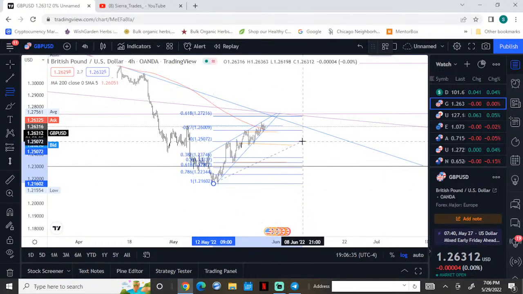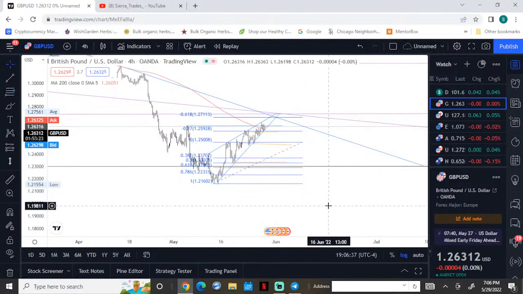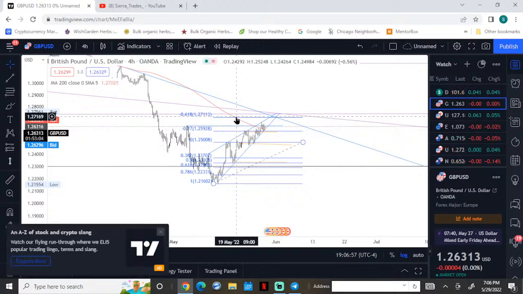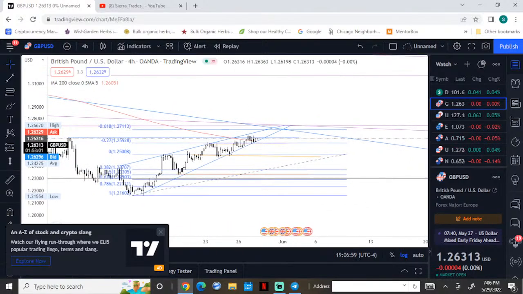Point A, point B. Yeah. Yep. A, B, C came down to the 50. Got TP1 at the 0, TP2 at the 27, TP3 at the 618, which still aligns with last week.